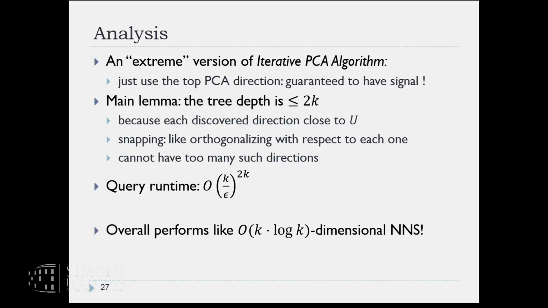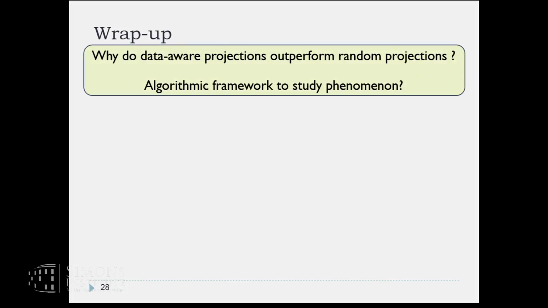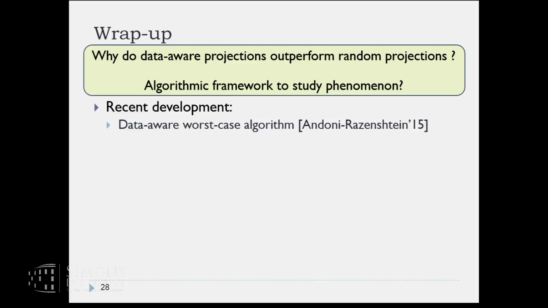Okay, so you didn't reduce it to k dimensions, you reduce it to a k log k dimension problem in terms of NNS, in terms of runtime. This is because you have a k to the k instead of only (1 over epsilon) to the k. Okay, so we managed to do this kind of dimension reduction, but just for this setting, not general dimension reduction.